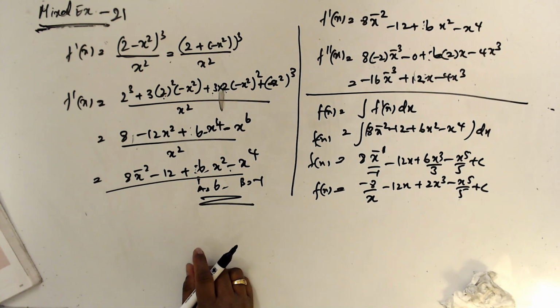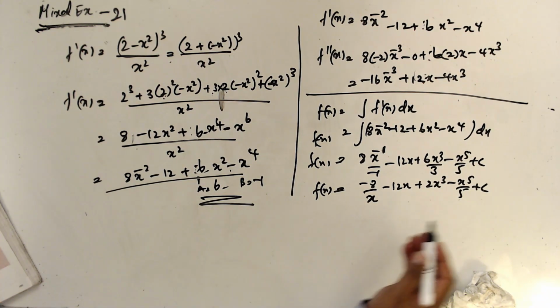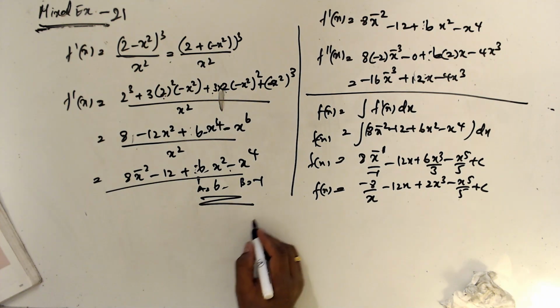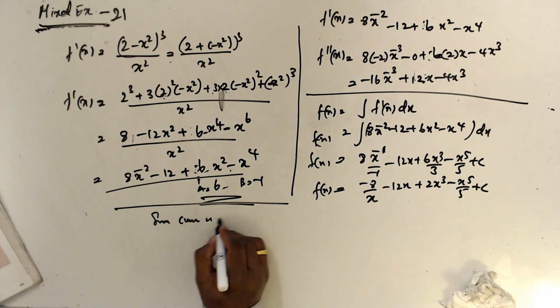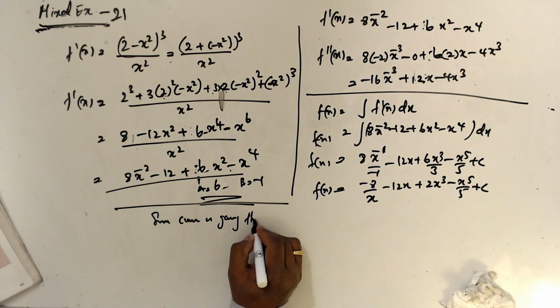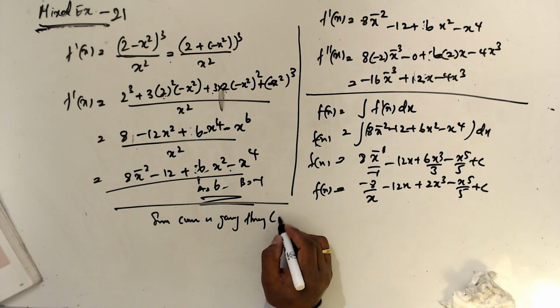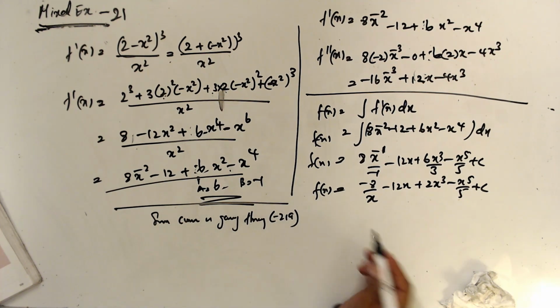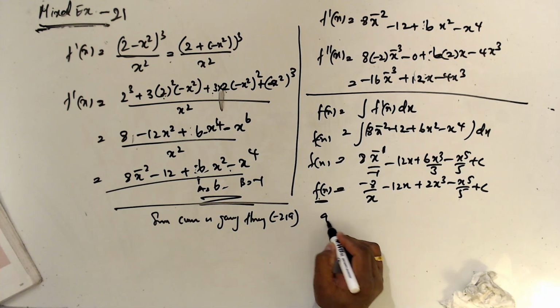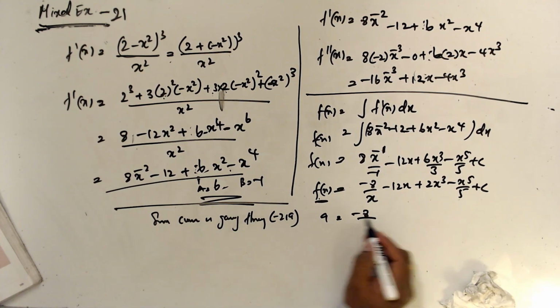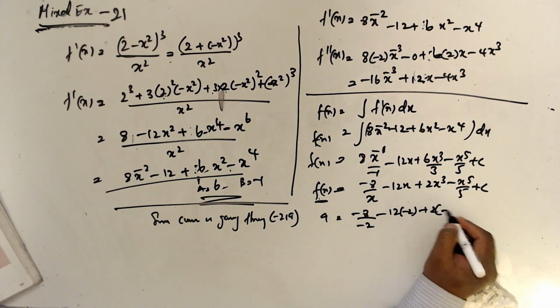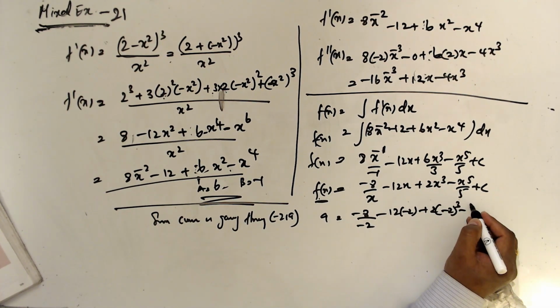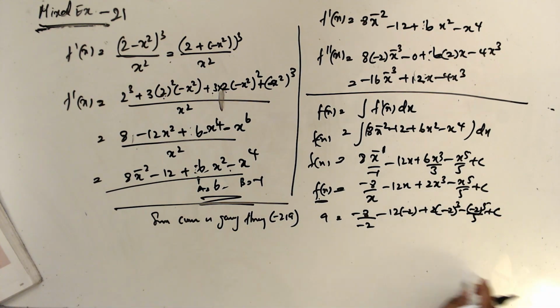Now we want to find c. So there's data given, since the curve is going through (minus 2, 9), we can apply this one. Y value is 9, minus 8 over x with x minus 2, minus 12 times minus 2, plus 2 times minus 2 cubed, minus minus 2 to the power 5 over 5, plus c.